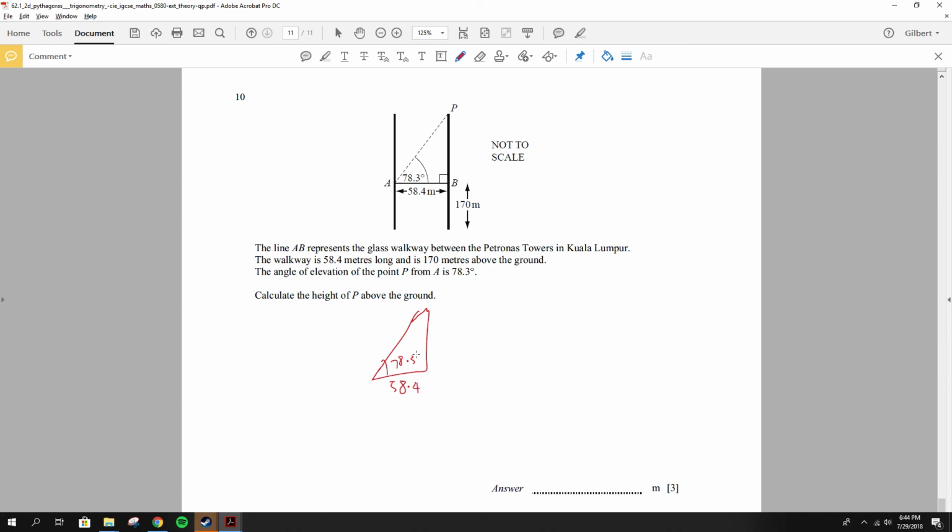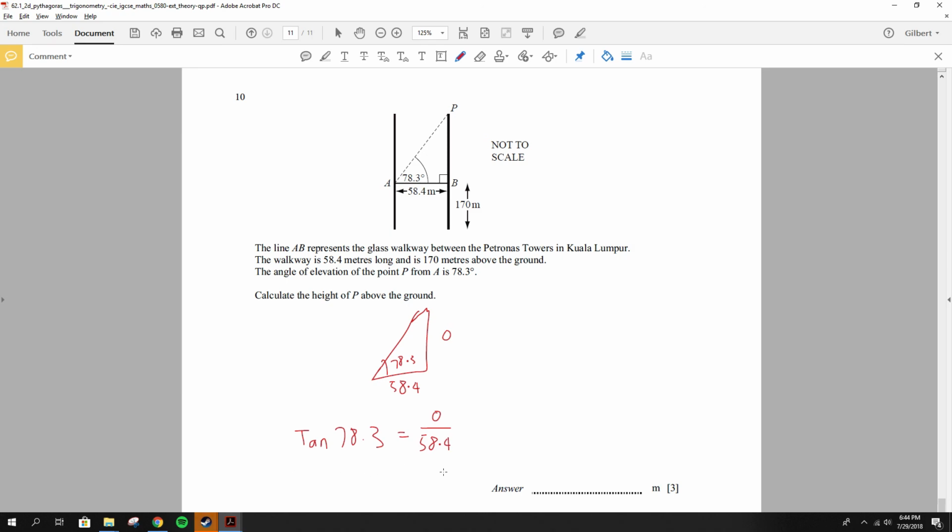and we want to find the opposite of this triangle. So we will use tangent 78.3 equals opposite over adjacent 58.4.